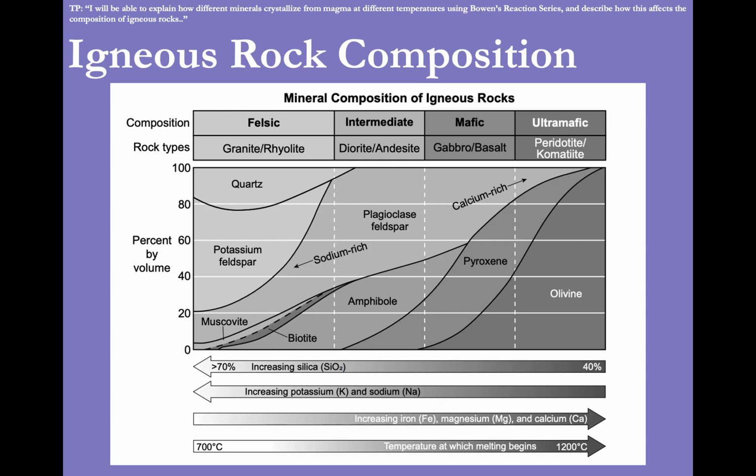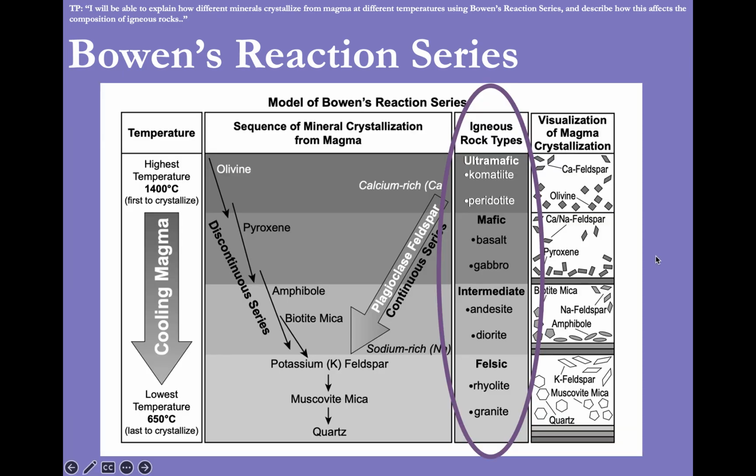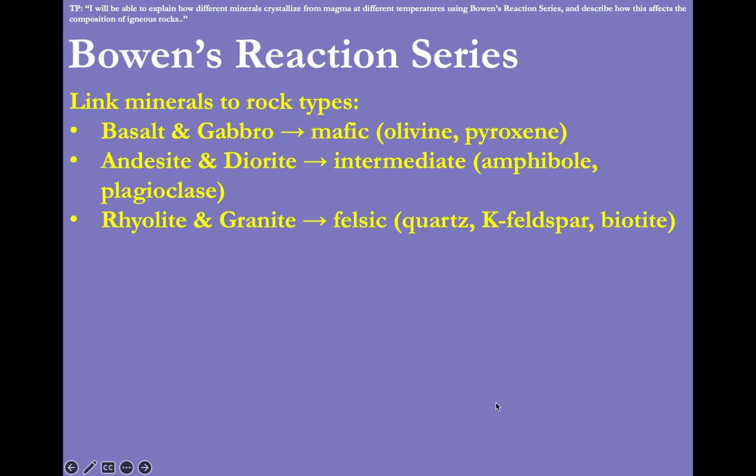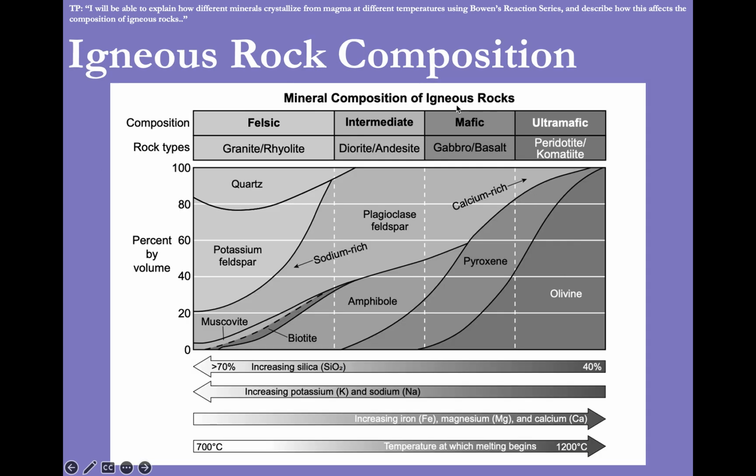All right, now the bottom portion is still connected to the Bowen's reaction series, but in a different way. Just like the Bowen's reaction series, it tells you that these rocks are mafic, and these rocks are intermediate, and these rocks are felsic. Same thing here. You have your ultramafic rocks, your mafic rocks, your intermediate rocks, and your felsic rocks.